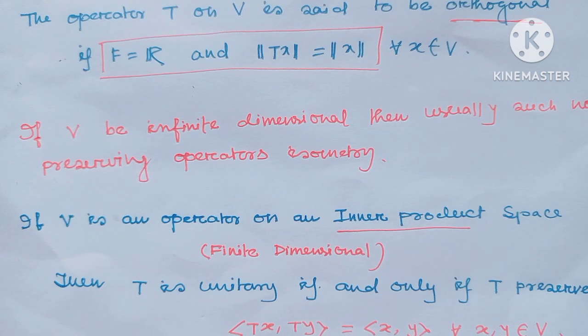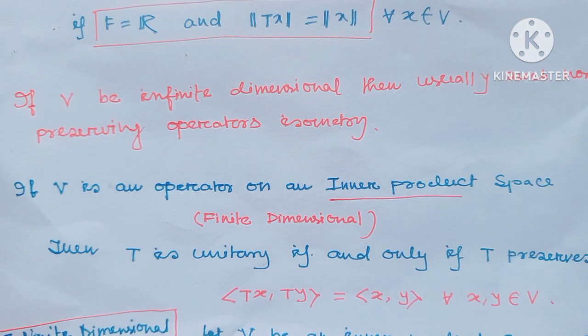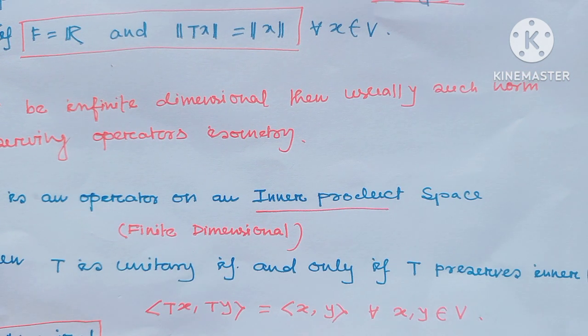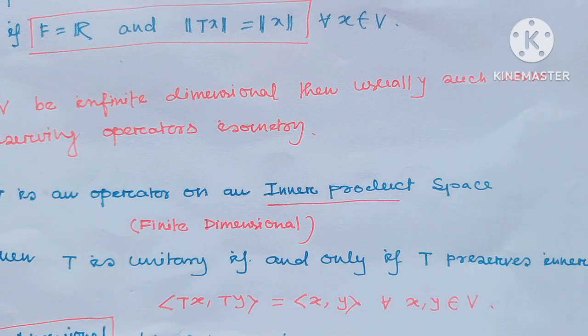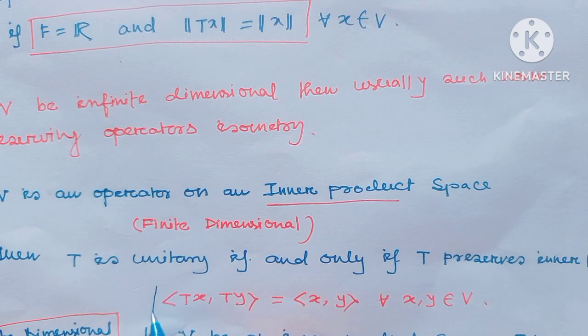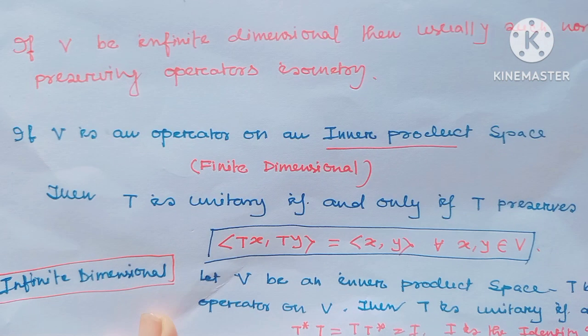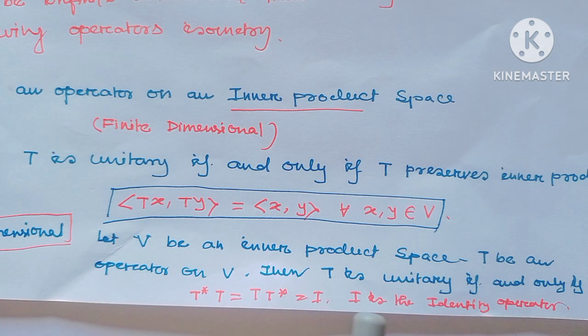That means, if V is a finite dimensional inner product space, then T is unitary if and only if T preserves the inner product. That means inner product Tx, Ty equals inner product x, y, and this is true for all x, y belongs to the vector space V. And for an infinite dimensional inner product space V, if T is an operator on V, then T is unitary if and only if T star T equals T T star equals identity operator.